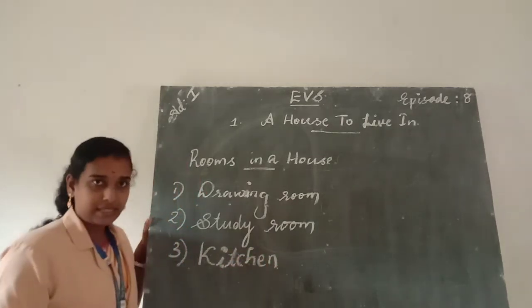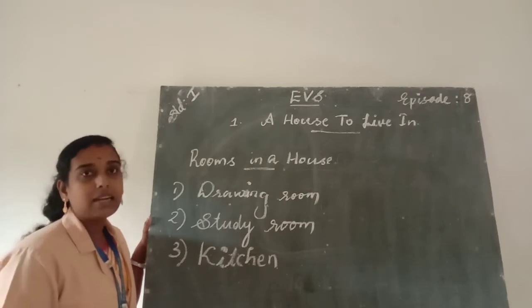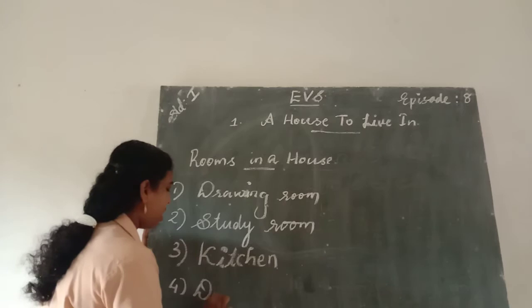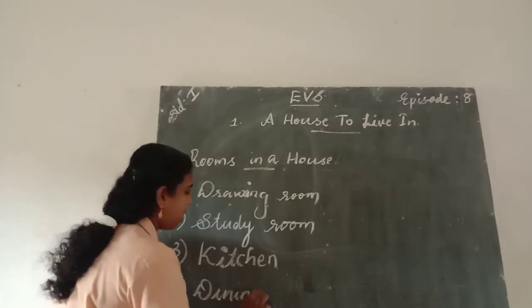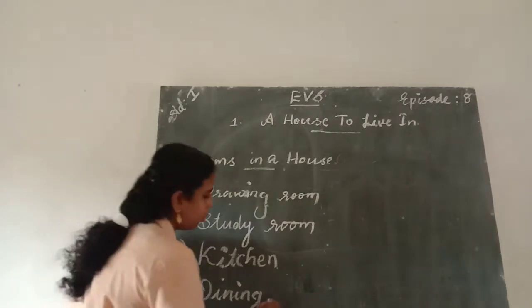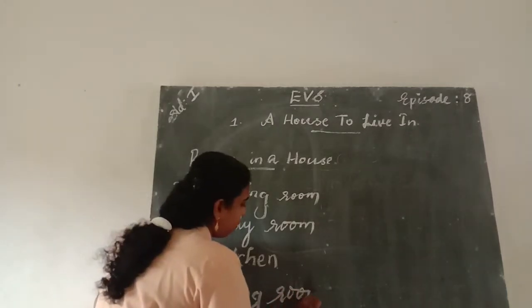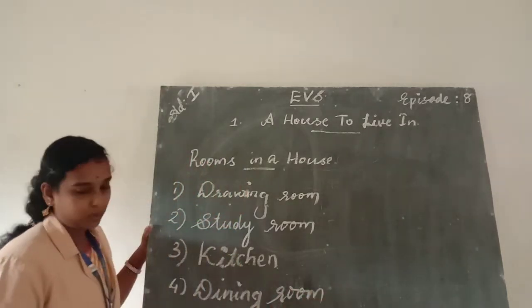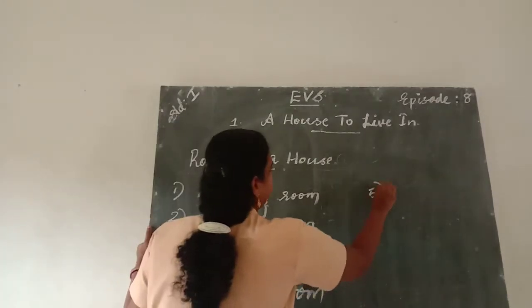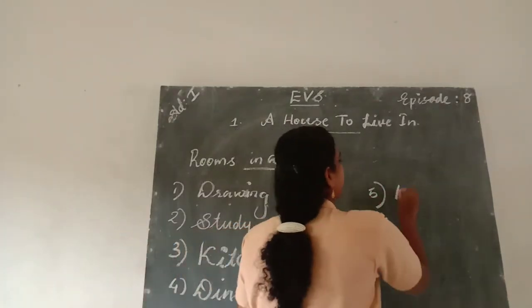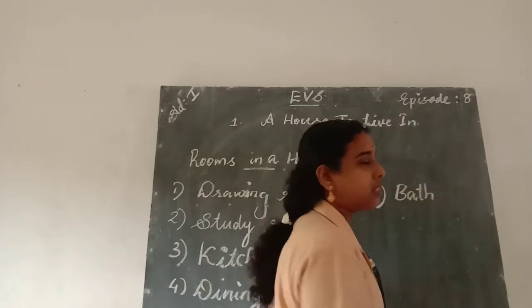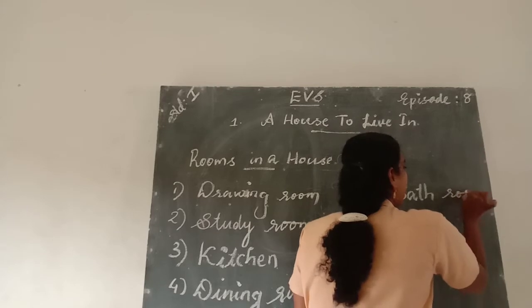K-I-T-C-H-E-N, kitchen. And the next one, dining room. D-I-N-I-N-G, R-O-O-M, dining room. And the fifth one is bathroom. B-A-T-H, bathroom.